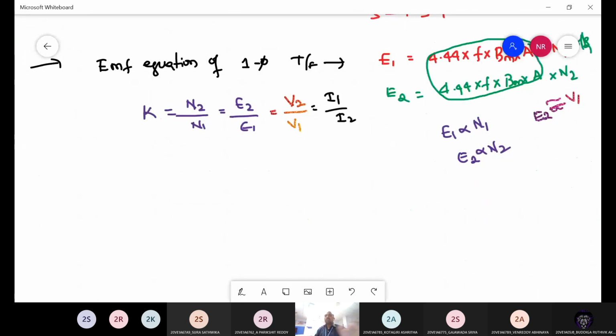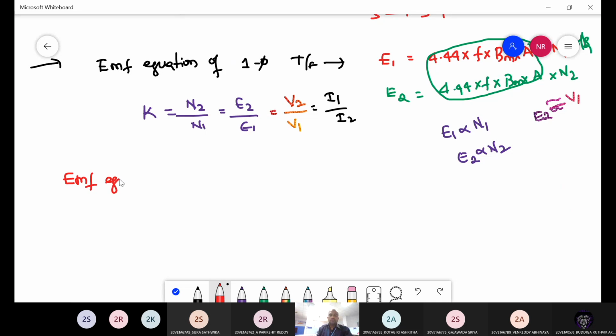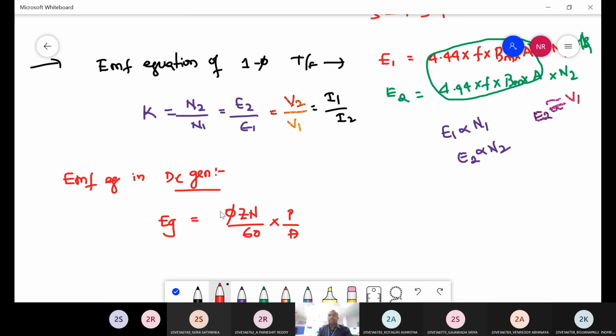Then we have another EMF equation, in the DC generator. What is that? Induced EMF EG is equal to, we derived that equation, phi Z N by 60 into P by A. What is phi here?